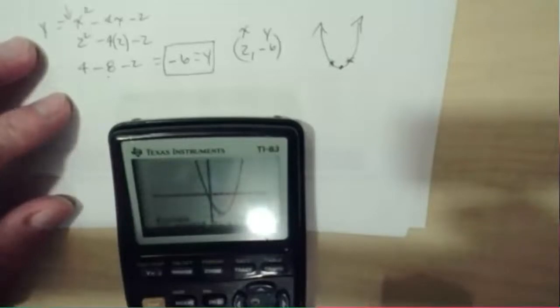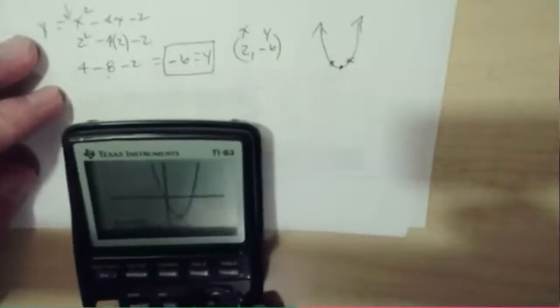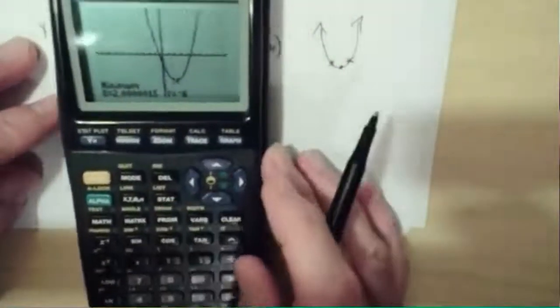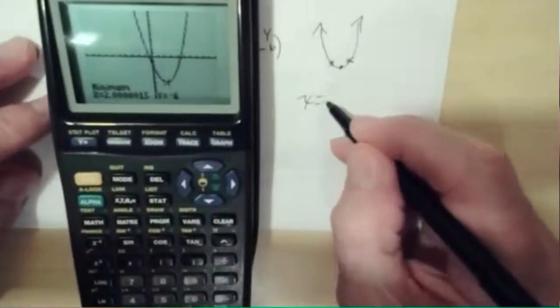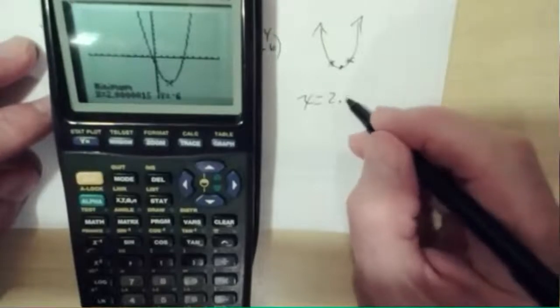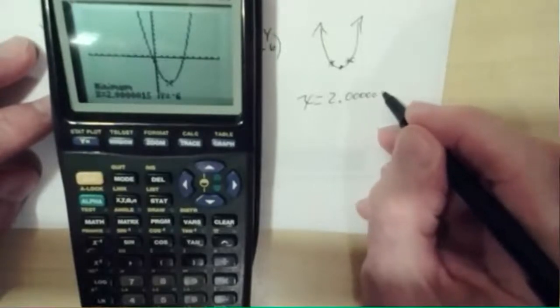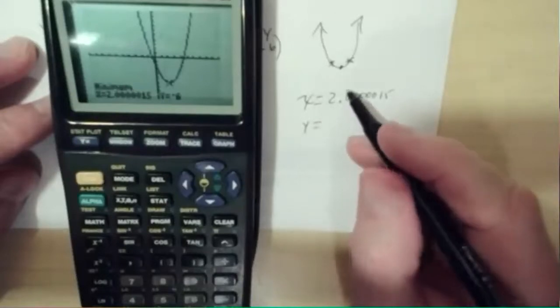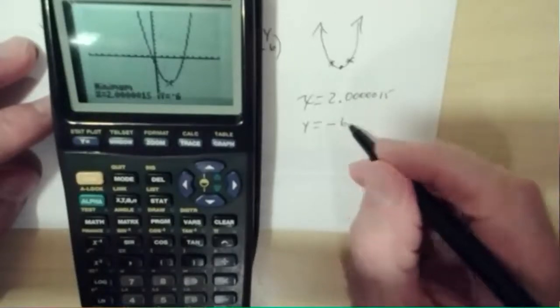Come on. Our minimum is, if you can see this, it says x equals 2 point blah blah blah, 0.000015, and y is exactly negative 6.